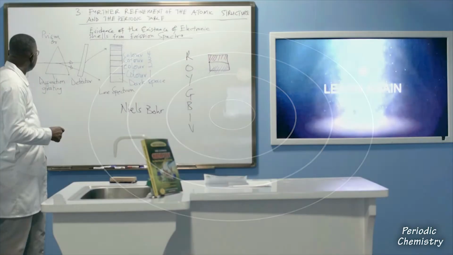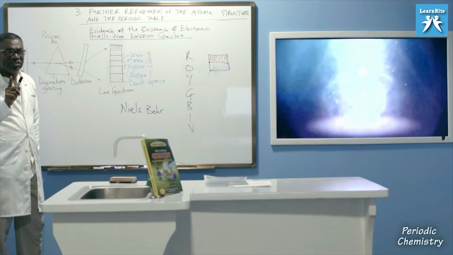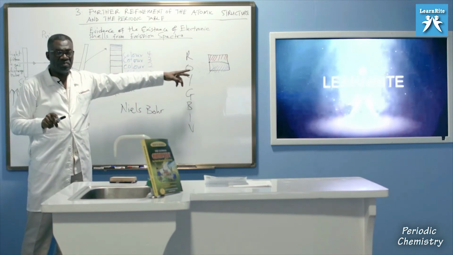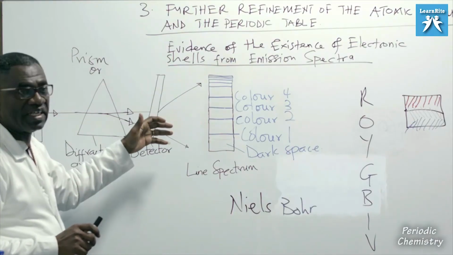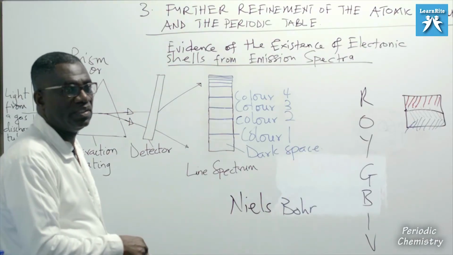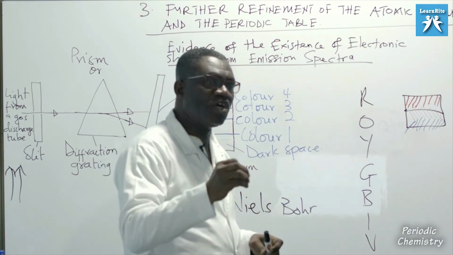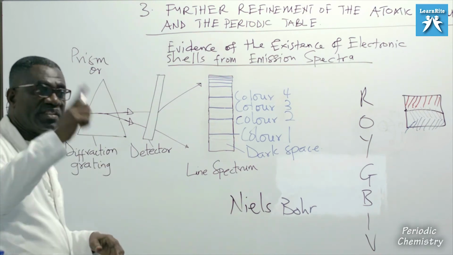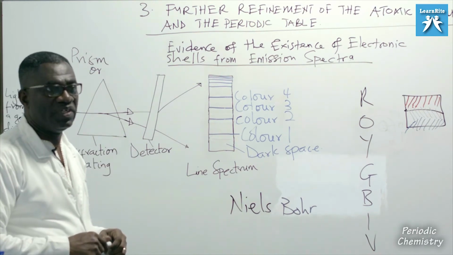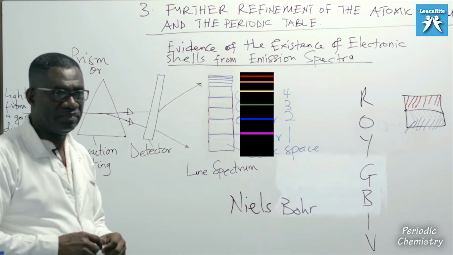And so if this light is coming from a source without atoms, which means it will not contain electrons, then you see the continuous spectrum. But where the light is being diffracted onto the detector, because there are electrons around the nucleus, the electrons will gain the heat that we are supplying here, and that causes movement of the electrons, and as they move, they emit radiations, and the radiations are what we see as the various colors.